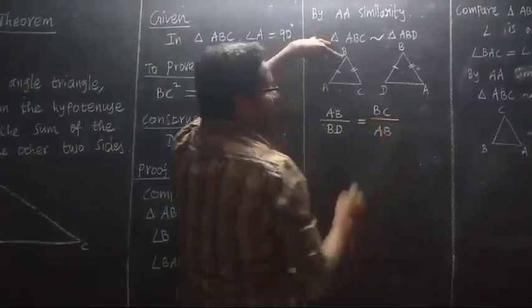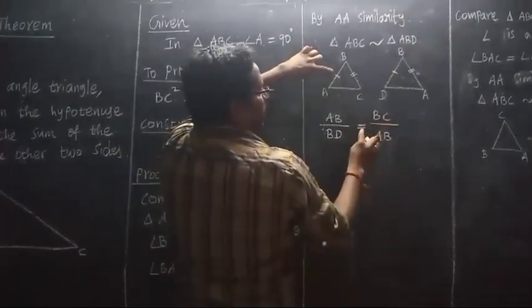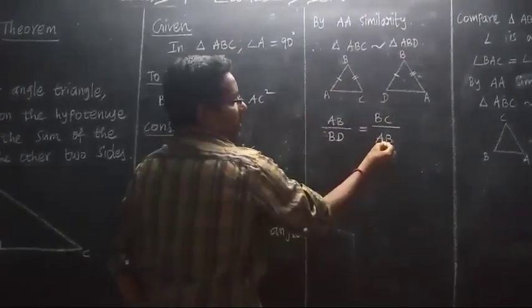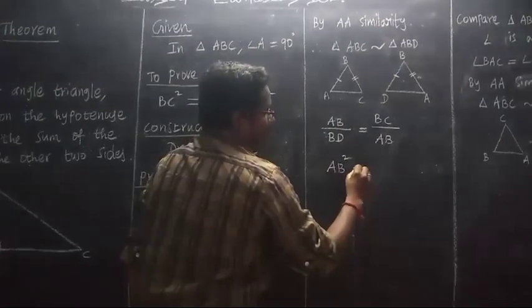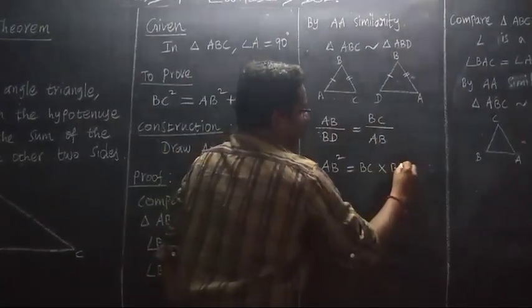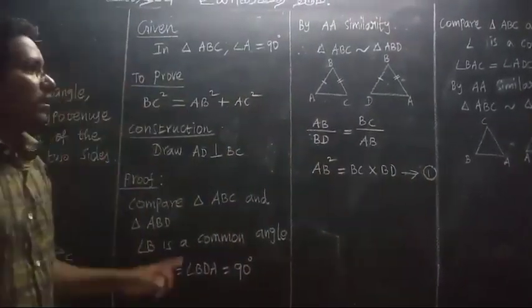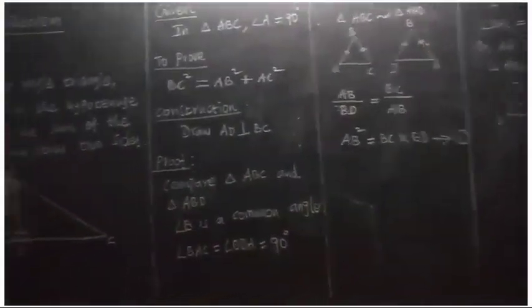Cross multiplying, AB into AB, AB square equals BC into BD. That is equation number 1. Can you understand? AB square equals BC into BD, equation number 1.